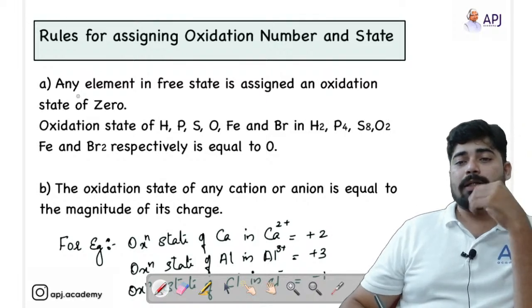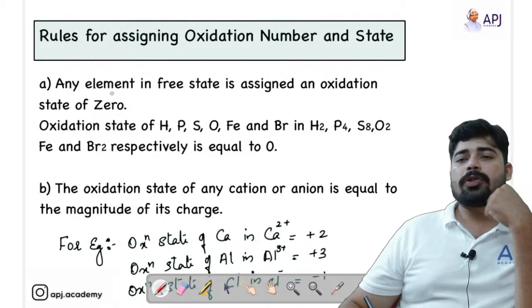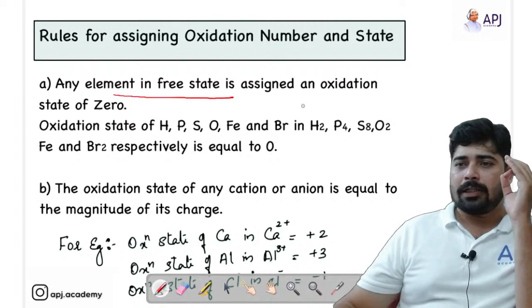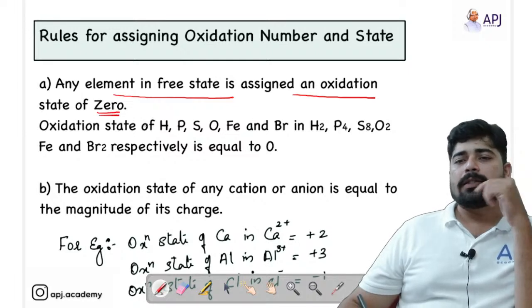You can see here, students, some of these points we have already discussed in the previous slides. If any element is present in the free state, then you have to assign an oxidation state or oxidation number of 0.